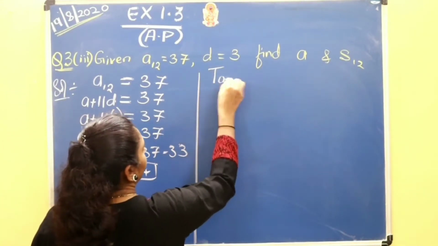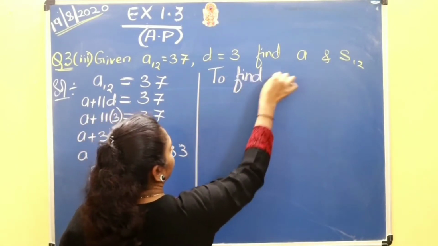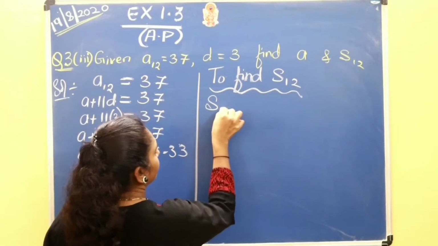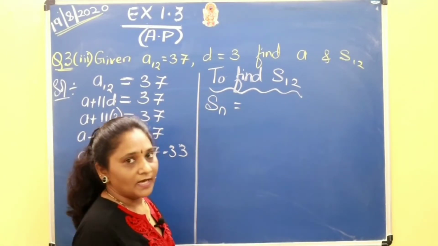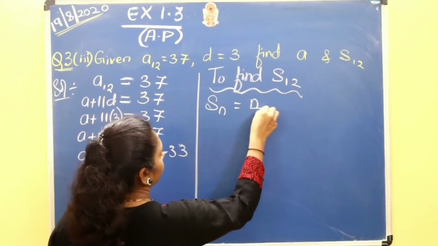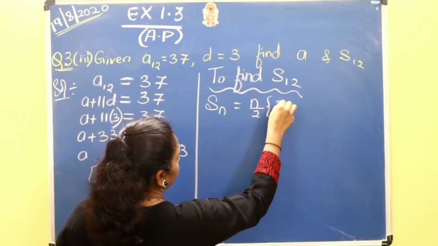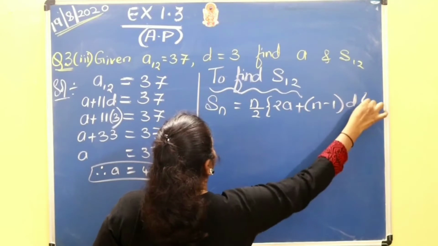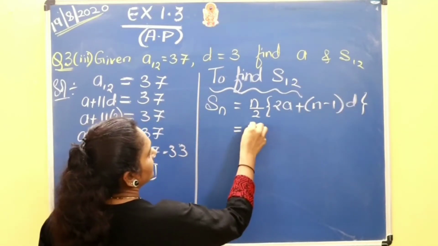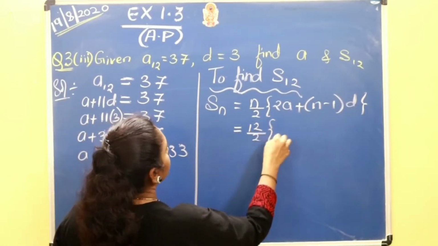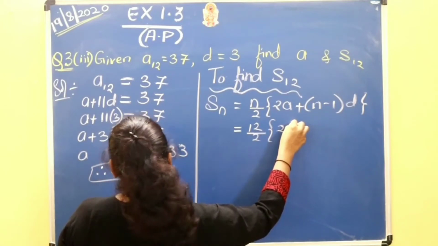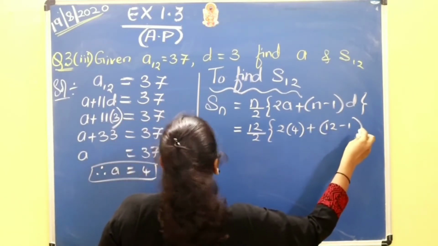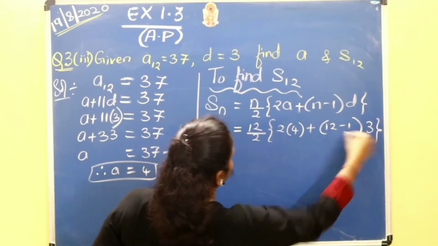To find S12, what do you do? S12 is, first you write the formula. Sn is equal to n by 2, 2a plus n minus 1 into d. 12 by 2, 2 into a value is 4, 12 minus 1, d value is 3.